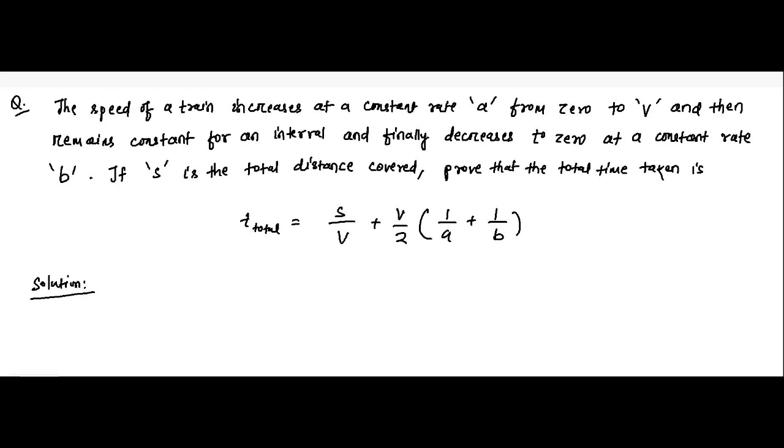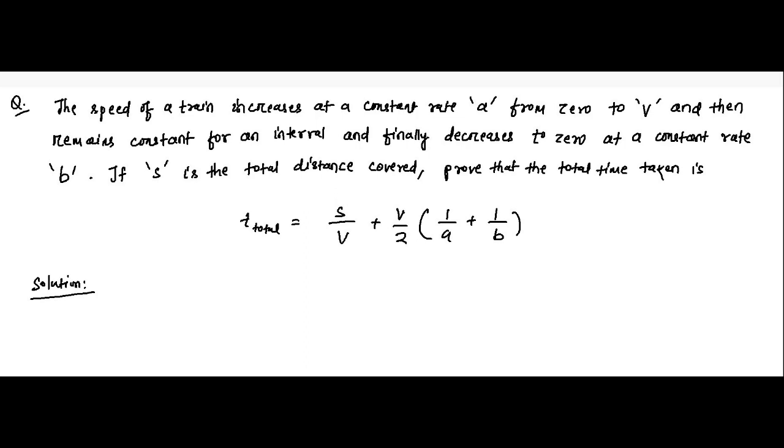So here is another question on graphical analysis of one-dimensional motion. It is given here that the speed of a train increases at a constant rate a from 0 to v.